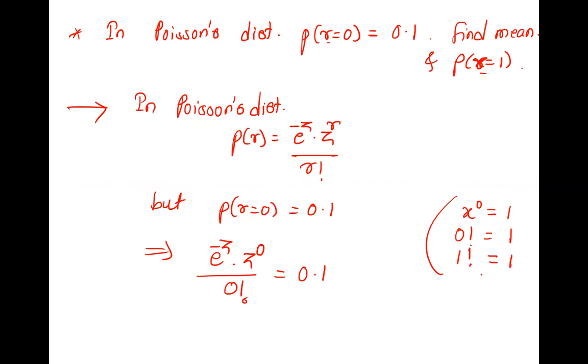These are standard results. When this is 1 and this is 1, it is just e raised to minus z is 0.1. But we are interested in z. We want z, but it is in the power of e. We have seen this. How can that z come down?